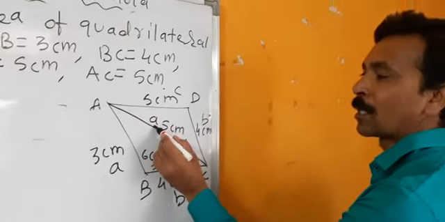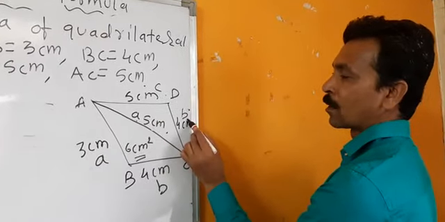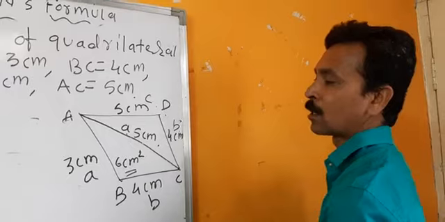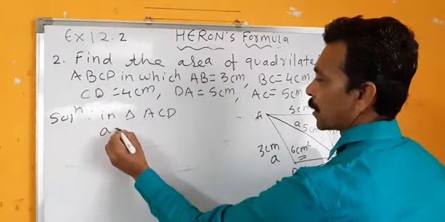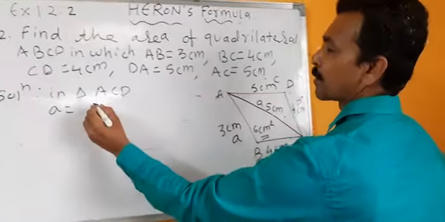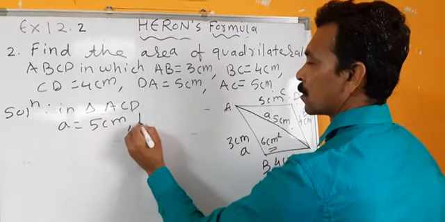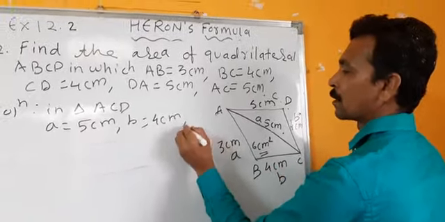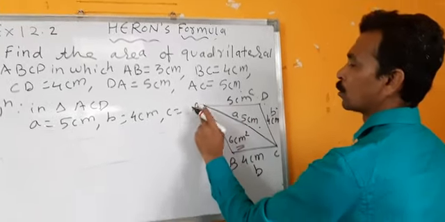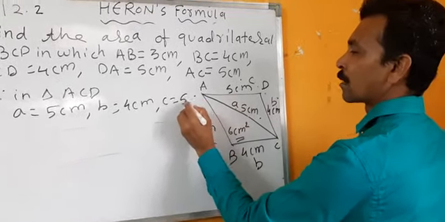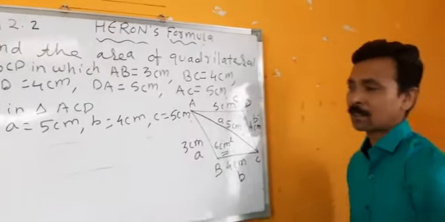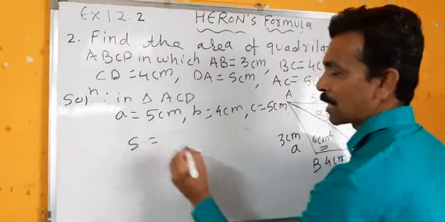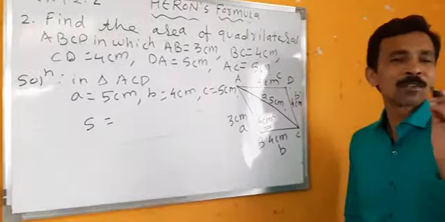Means AC is equal to a, CD is equal to small b, and AD is equal to small c. a is equal to 5 centimeter, b is equal to 4 centimeter, c is equal to 5 centimeter. Semi-perimeter, because unless and until we find semi-perimeter, we cannot find area.